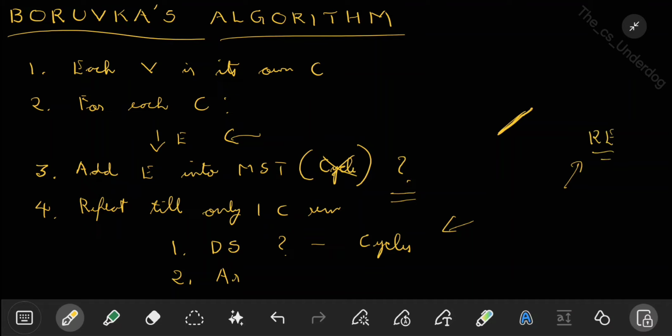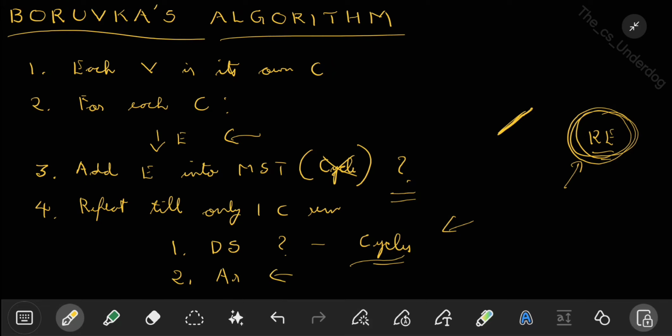That is, if you do a find operation, you will reach the same representative element for both those vertices. If that happens, you can understand that adding this edge to your MST will form a cycle. So this is how the disjoint set data structure helps you identify cycles.